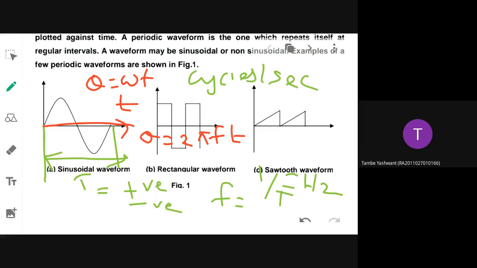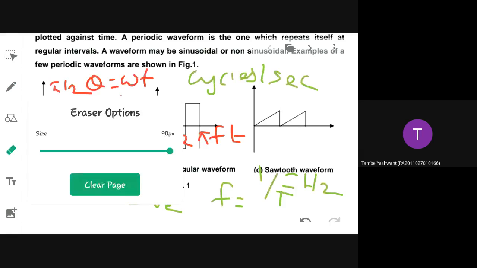So if you write it in theta, then it will be pi, 2 pi, 3 pi, like that. If it is pi here, this will be pi by 2. Like that they will represent the x-axis. Representing in terms of t or theta, both are valid.